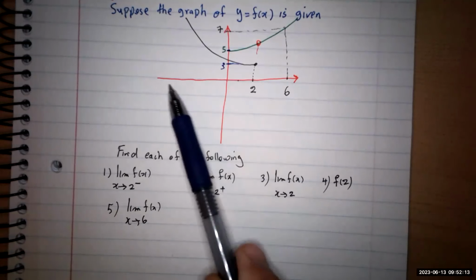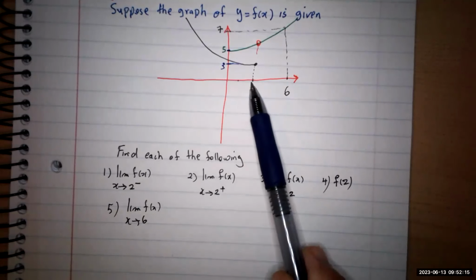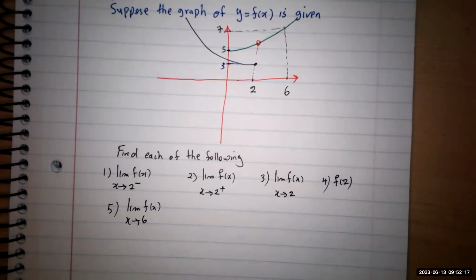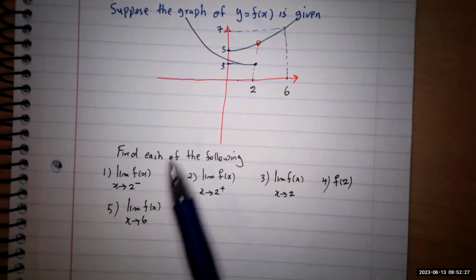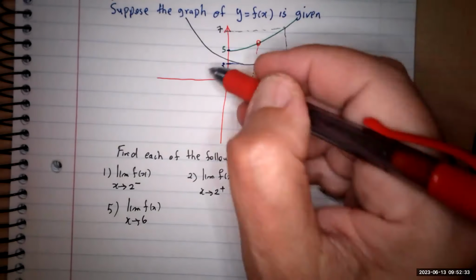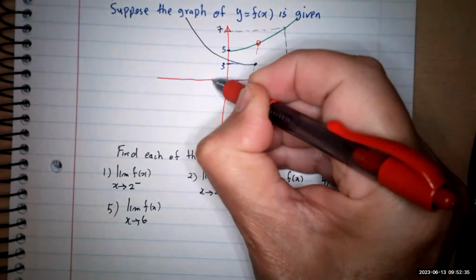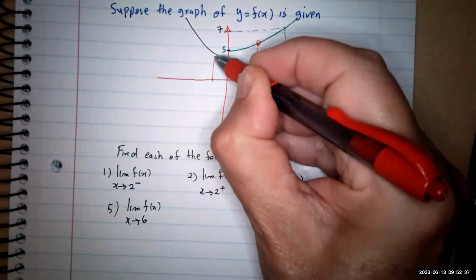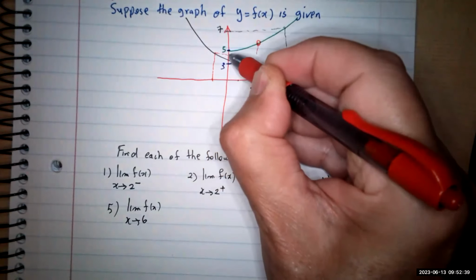So you have to pick some numbers close to 2, and you check what the number for the y, the f of x, is, to get the limit of your function. You see when x is less than 2, if you pick an x here and want to find the value for the y, this is going to be the value for the y.